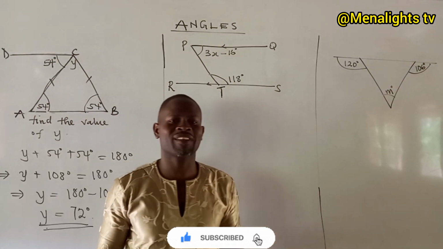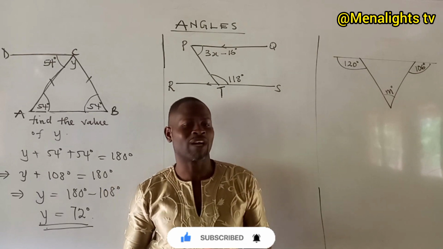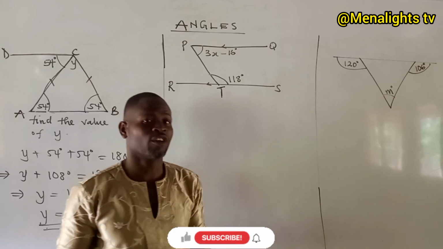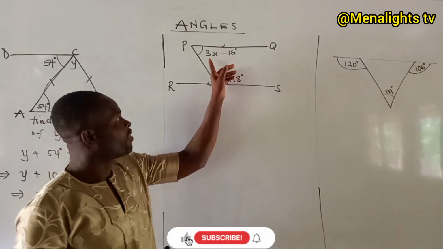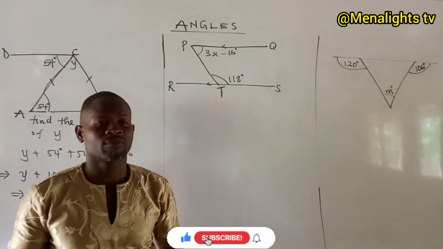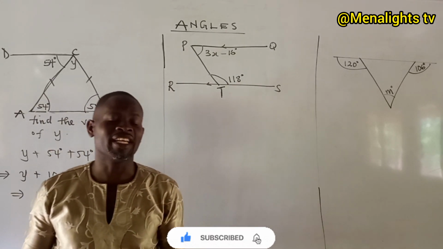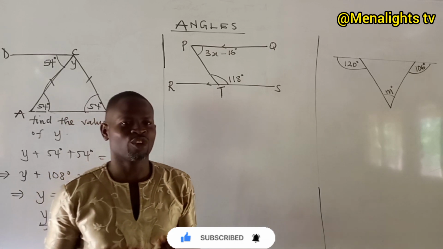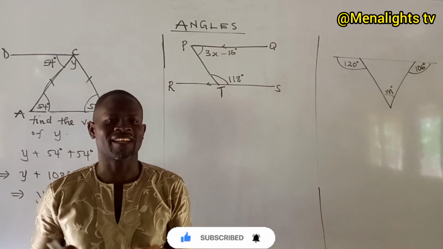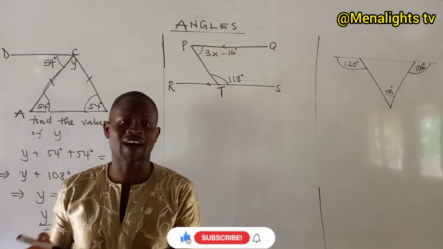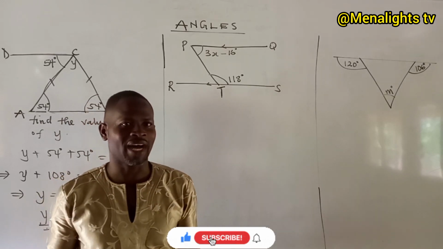So we come to our second diagram. So we are going to find the value of x that we have there. So looking at this, 3x minus 16 and then 118 degrees, they are co-interior angles. So co-interior angles, their sum will give what? 180 degrees. Or the sum of co-interior angles is equal to 180 degrees.